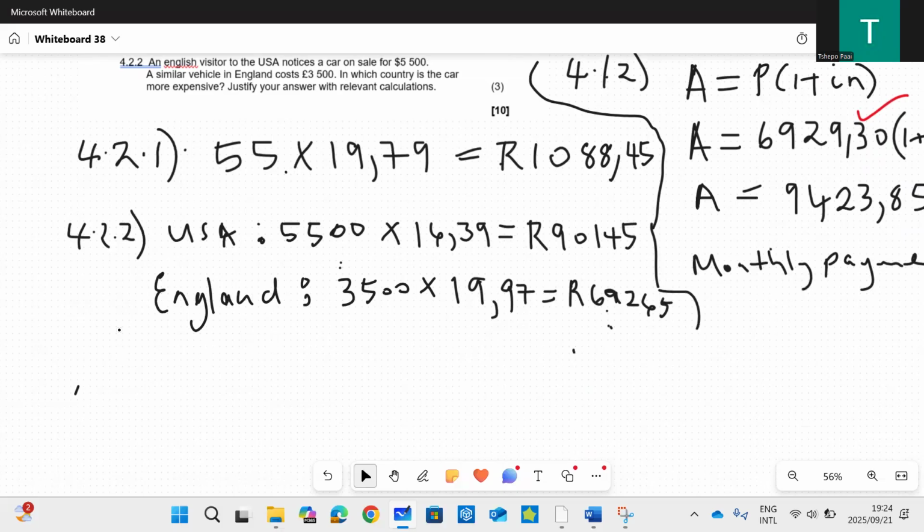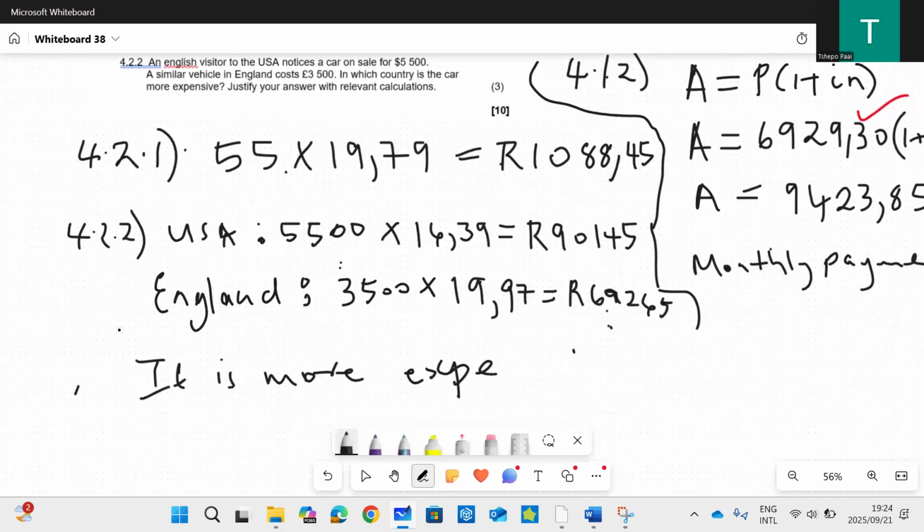Now we must conclude, obviously, it will be more expensive in USA. In which country is the car more expensive? It is more expensive in USA. We just conclude.